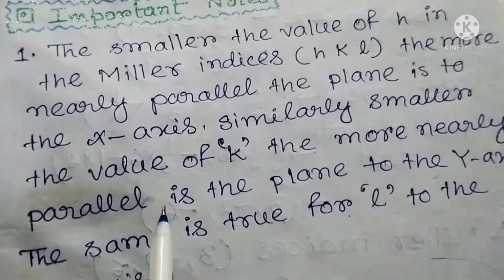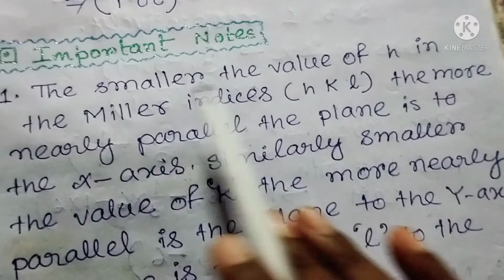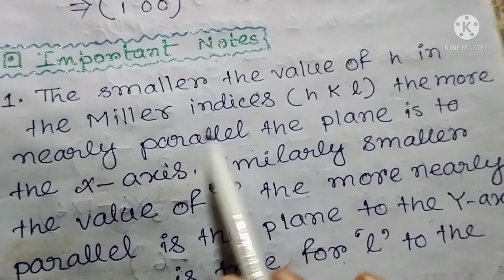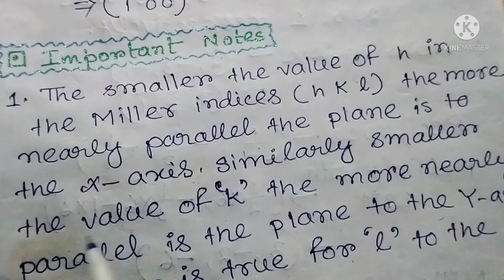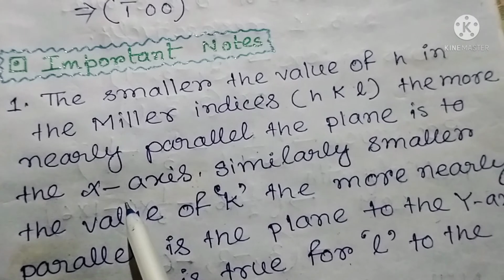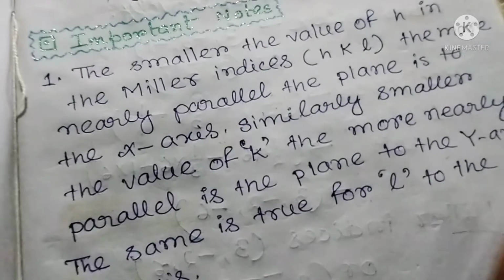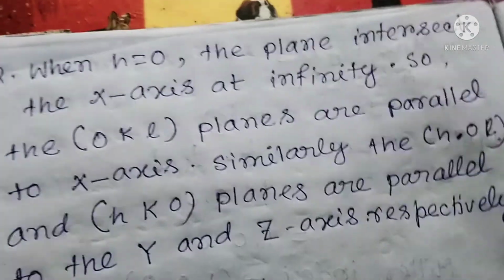So, the smaller the value of h, the more nearly parallel the plane is to the x-axis. Similarly, we get the parallel to the y-axis and z-axis.